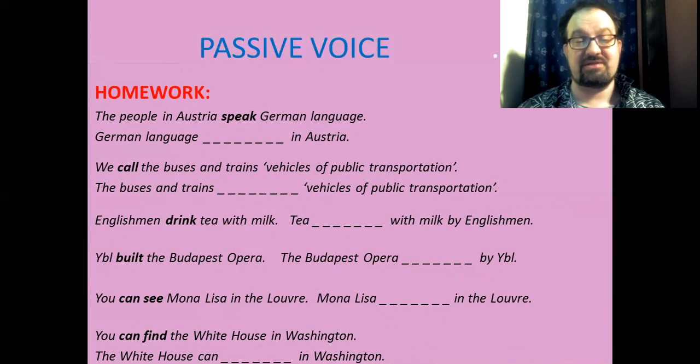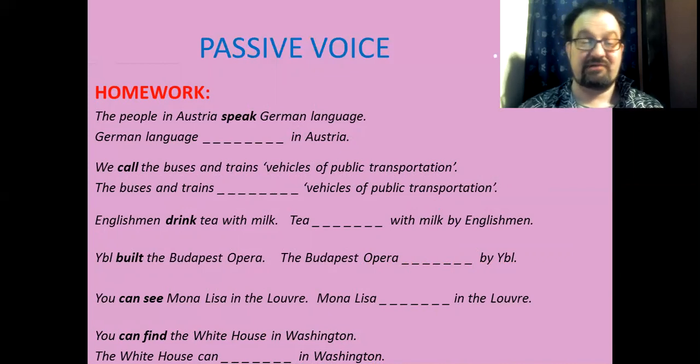We call the buses and trains vehicles of public transportation. Who calls it is not so important. We call it, they call it, somebody calls it. Right? Englishmen drink tea with milk.